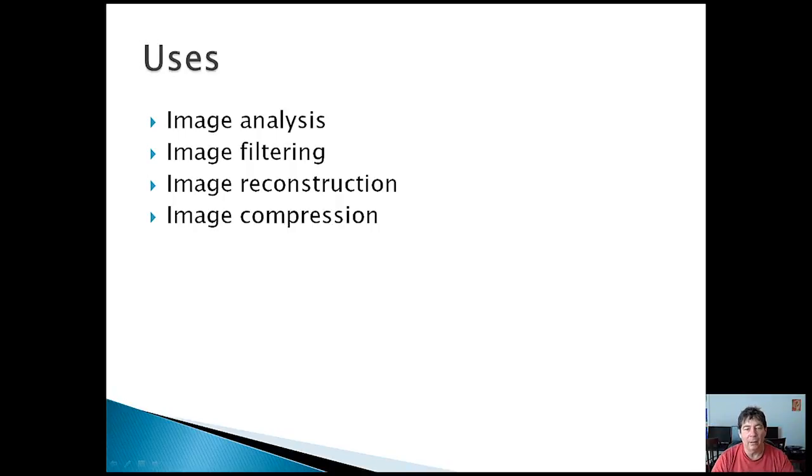Image reconstruction. Here again, same idea as filtering. You do an FFT on it, you reconstruct the data in that domain, and then you reverse it. And image compression. This is actually a widely used use of DFTs, especially in the JPEG format.